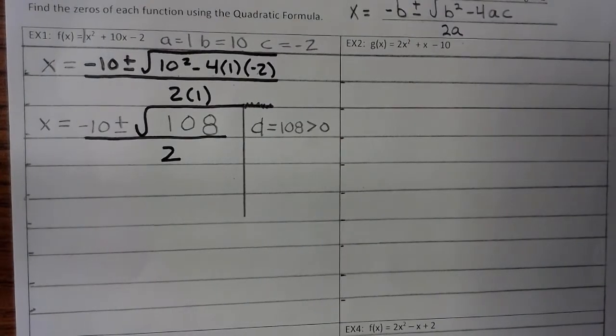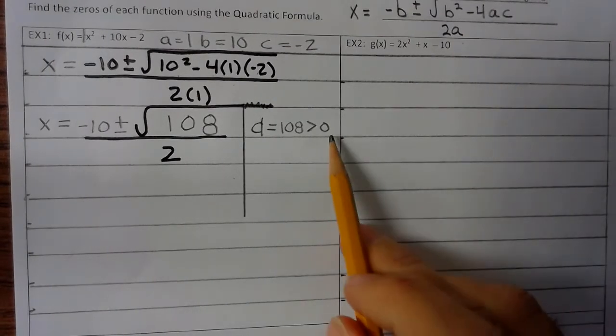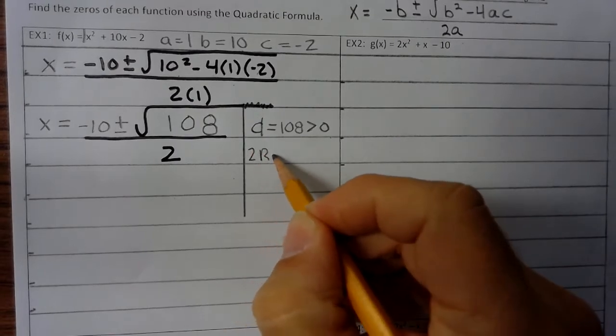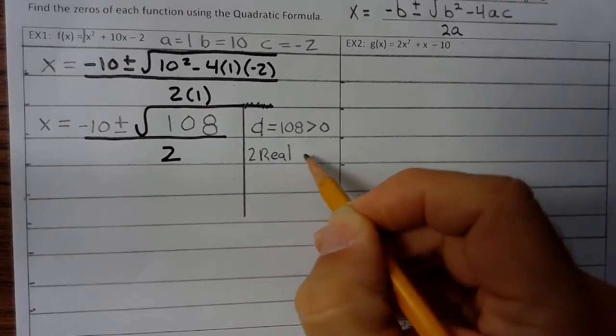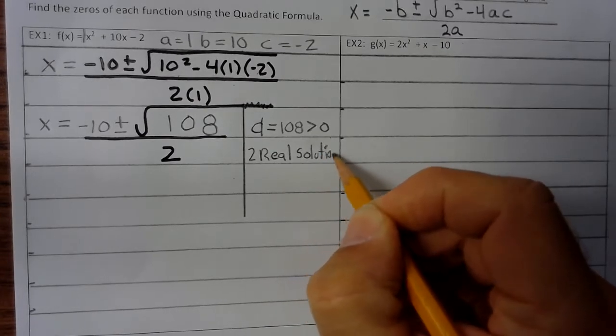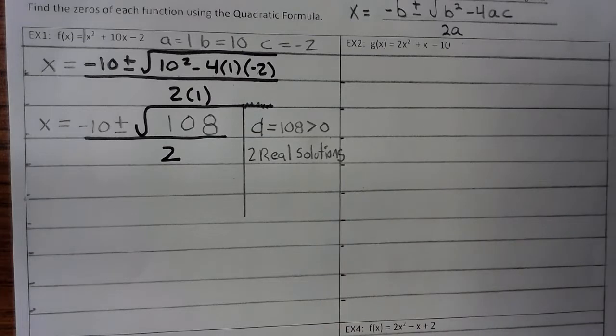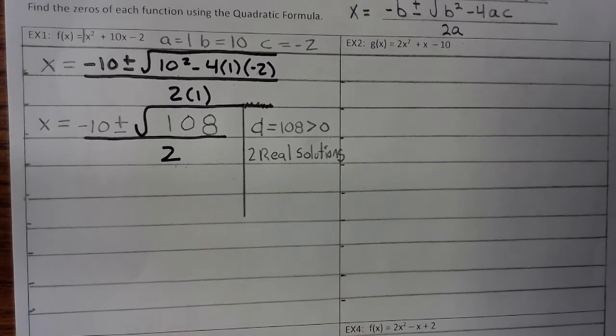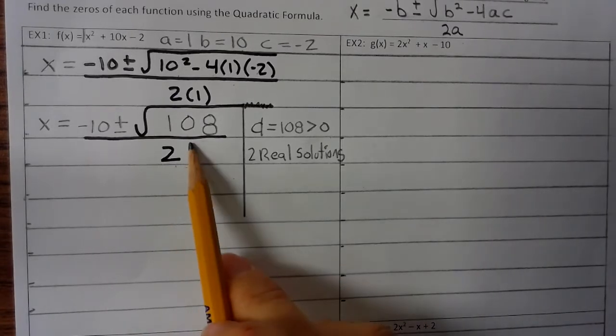Now, from our notes, we know that when the discriminant is greater than 0, there's two real solutions. So as we solve this, we know that we're going to have two real solutions. Now, we need to simplify the square root.